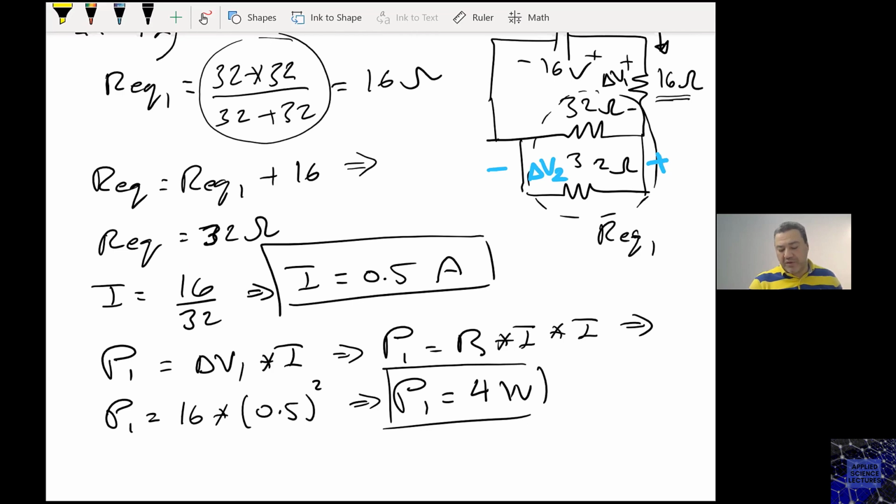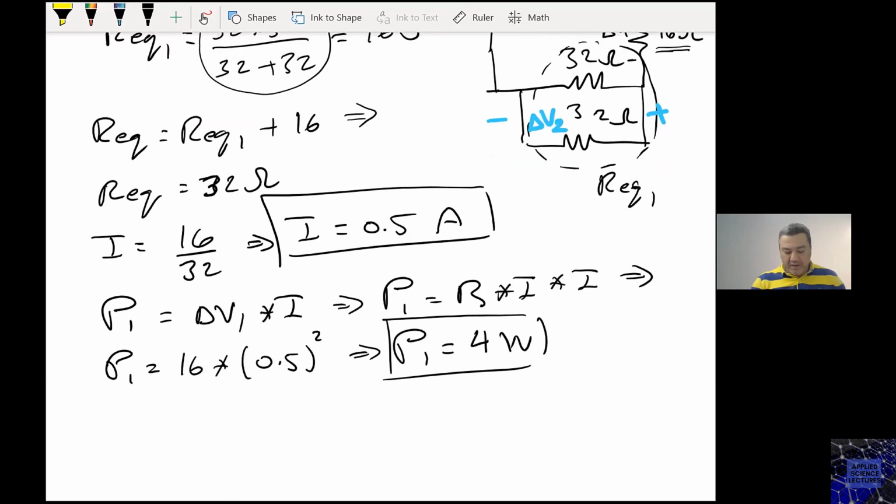So it will not be this 32 by itself, it will be the equivalent resistance of the two resistors that are in parallel. So P2 equals P3, they're the same, equals delta V2 times the current, let me call this one I2.